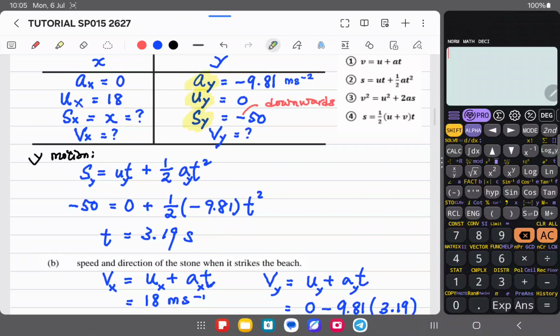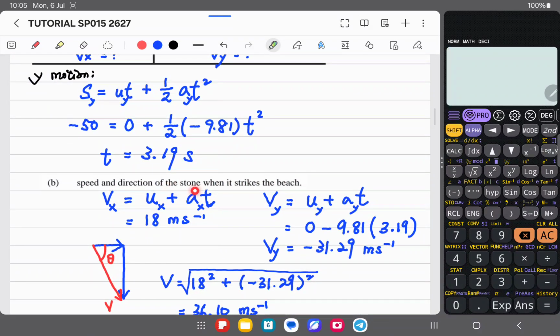So in order to calculate the speed and the direction of the stone when it strikes the beach, we need to calculate the final velocity for the x and y components. So we consider the x motion using kinematic equations.